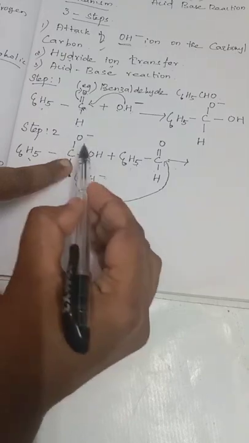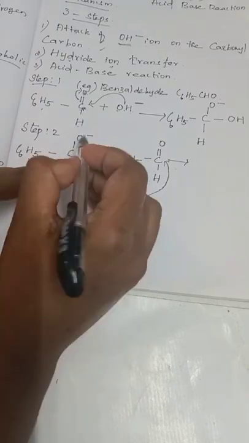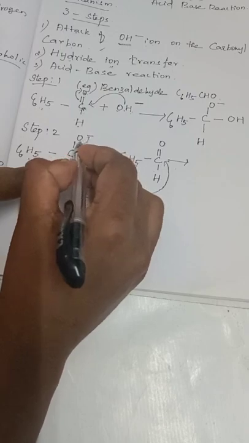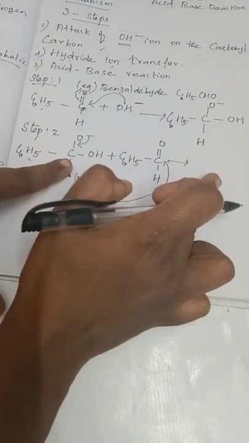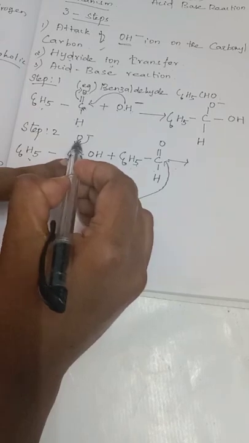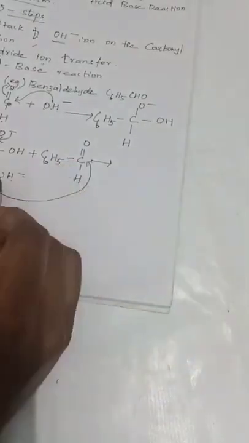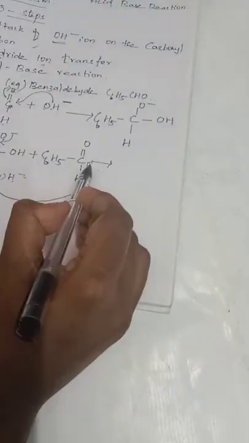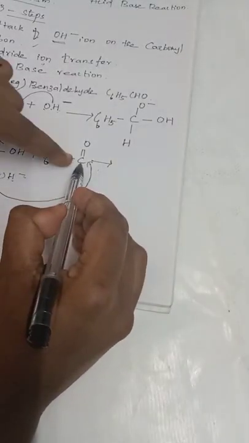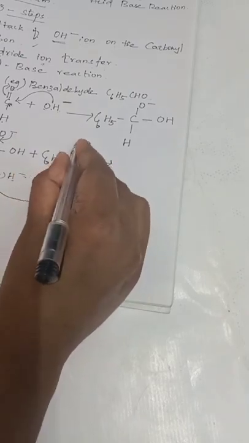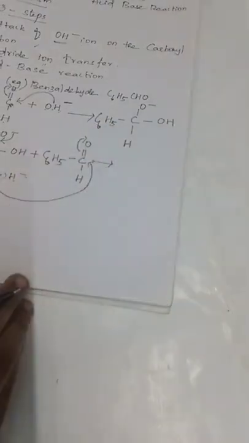To satisfy the valency of carbon, we shift this negative charge on O minus as a bond. Now here it becomes double bond O. At the same time this hydride ion comes here, and the carbon valency becomes 5. To satisfy that, we shift this bond here, and now this becomes O minus. Clear? Shall I write the product?